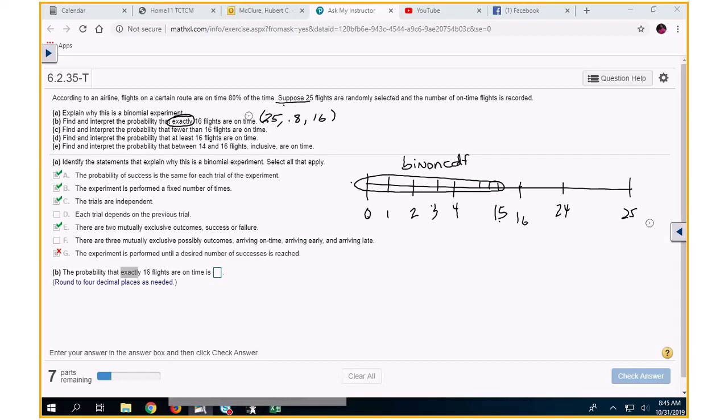So this is PDF, and this is going to be CDF. N is 25, and 0.8, and what? 15. Now those of you that have calculators, go ahead and be typing them in.